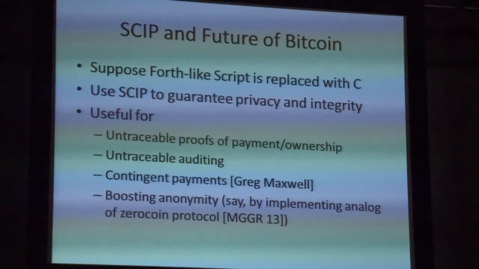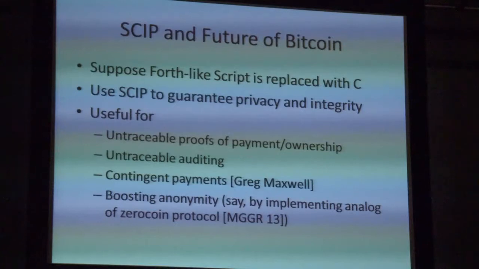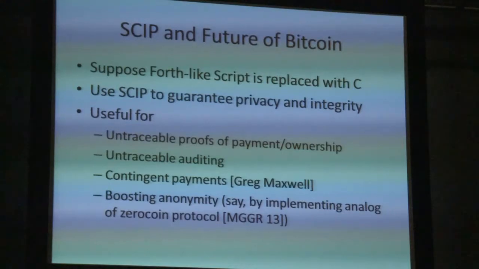And you could also boost anonymity. You all saw that there's this really spectacular work about the Zerocoin protocol, and using our system you could do similar things of anonymizing, taking a lot of coins into a big pool and distributing them in a way that you never know which coin came from which coin, or went to which address.